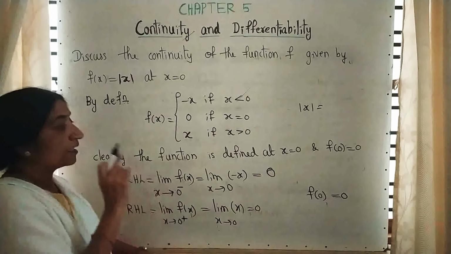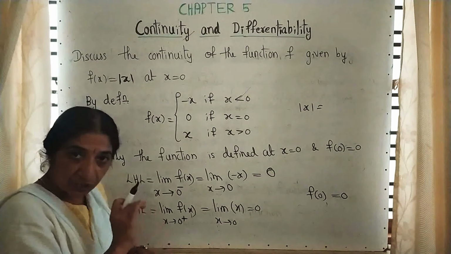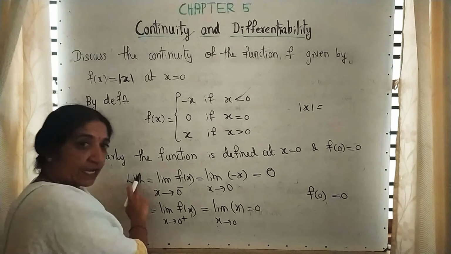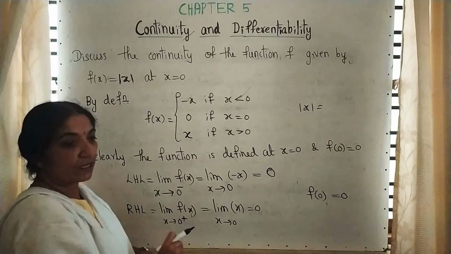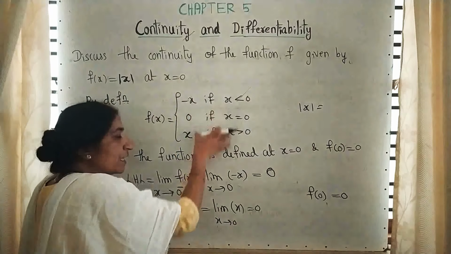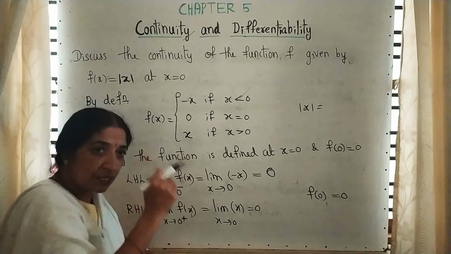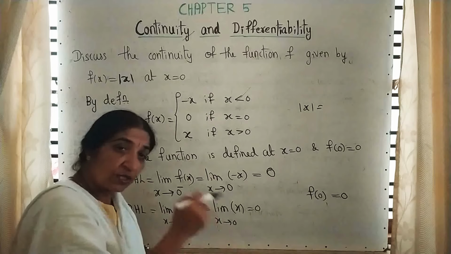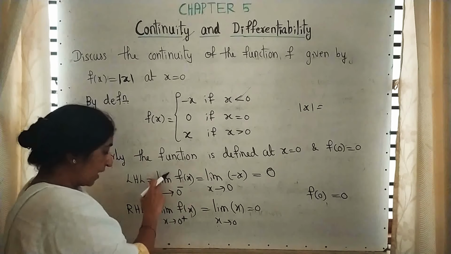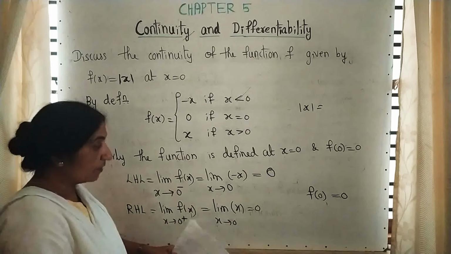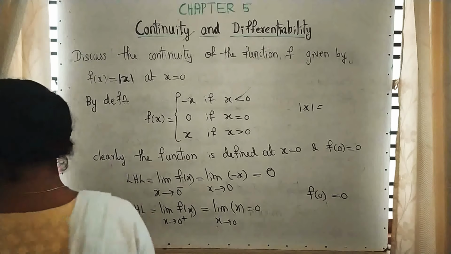First one, the function is defined, and the second one, we calculated the left hand limit. How did you take the left hand limit? We are calculating at x is equal to 0, so in these three expressions where it is less than 0, that is the left hand limit. Where it is greater than 0, that is the right hand limit. So here the left hand limit, right hand limit and f of 0, all three are equal. If all three are equal, what is your conclusion?